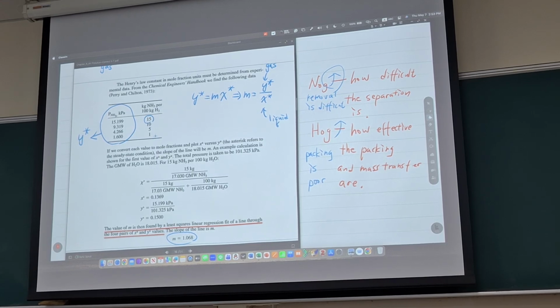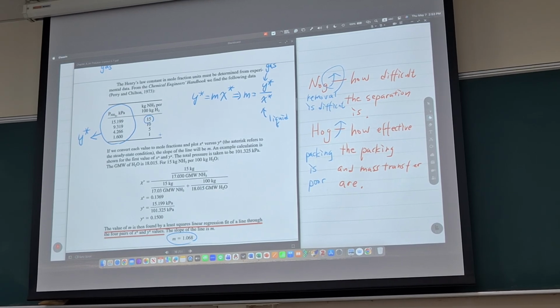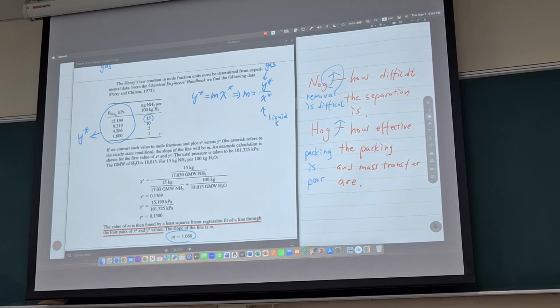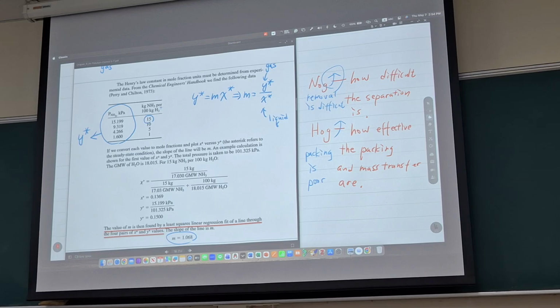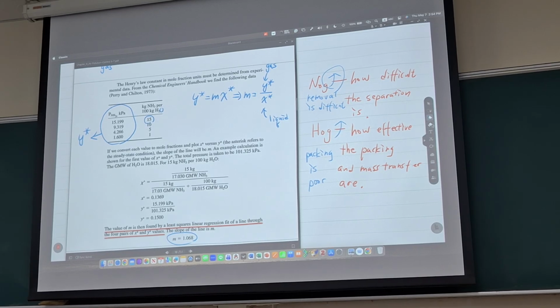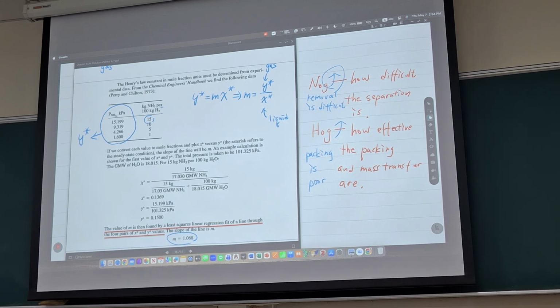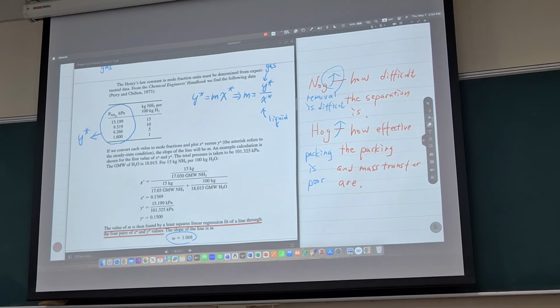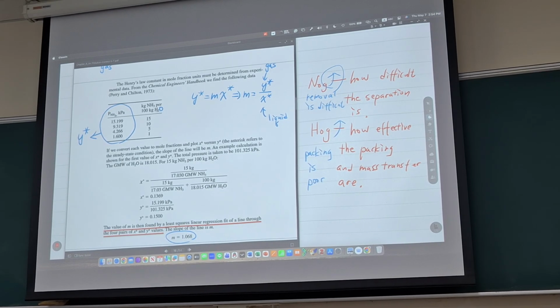And use the amount of ammonia in water. I think this is H2O, not H2. Students, this is H2O, not H2. Please write this down.